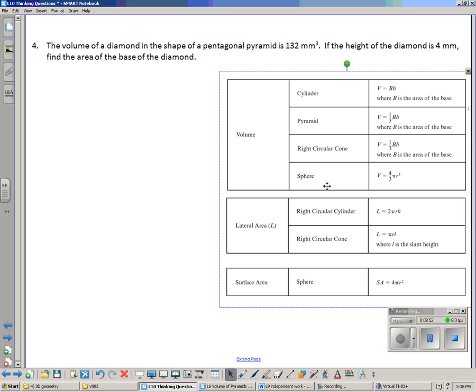And right now, we need from it the volume of a pyramid. So some of you are having trouble reading if we put in any words here besides the shape. It says the volume of a pentagonal pyramid. So the volume of any pyramid is 1/3 times big B times h.